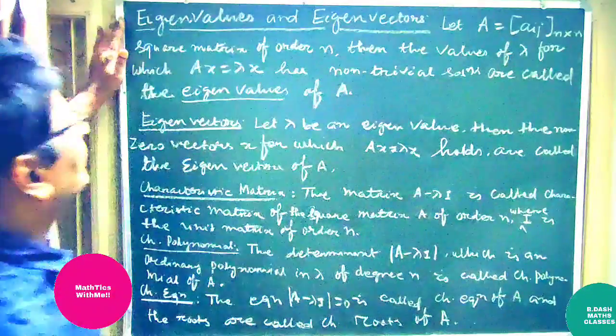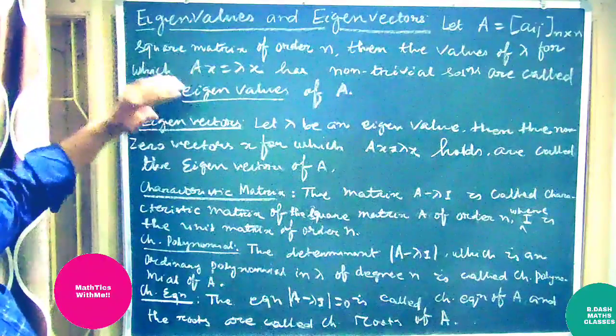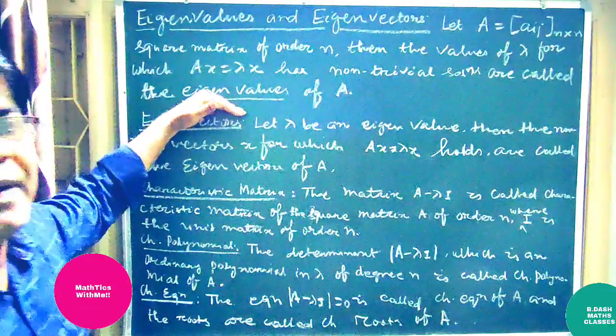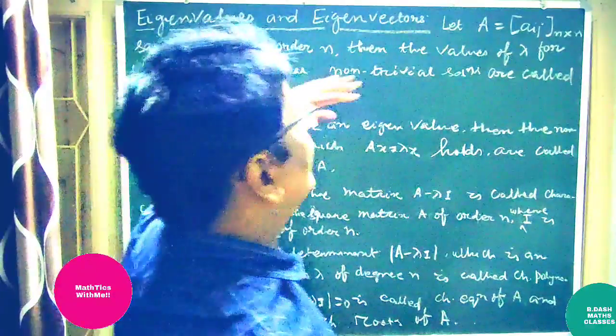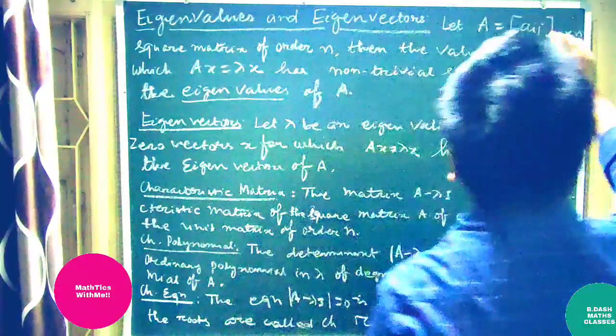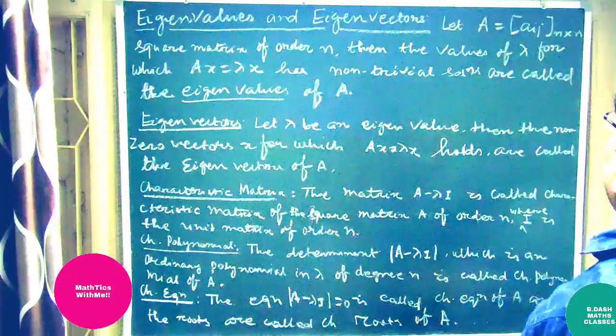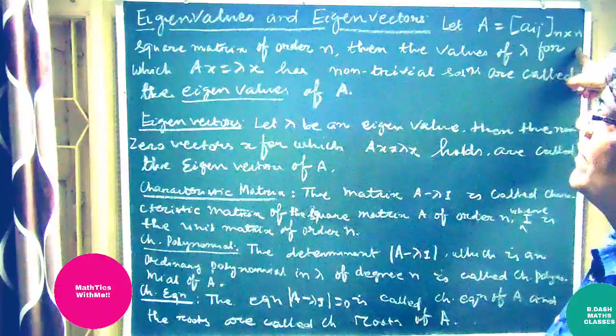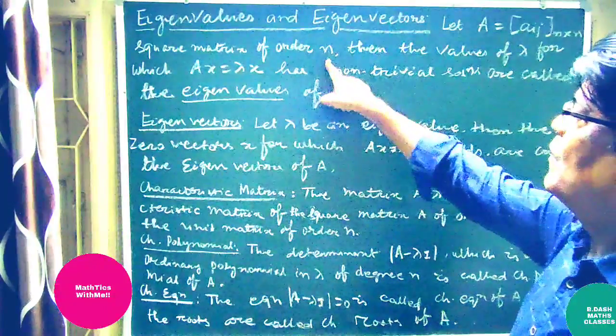So first of all, you see the definition of eigenvalues of a square matrix A. Let A equal [aij], an n cross n matrix. It is a square matrix of order n.